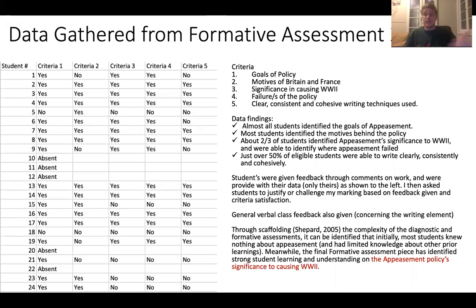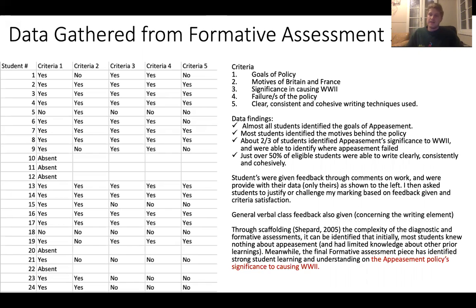I didn't show them other people's work, obviously for confidentiality reasons, but I showed them, did they do criteria 1 satisfactorily, etc. And they had to justify, clarify, challenge, or query if the criteria, the feed forward and the work all aligned.